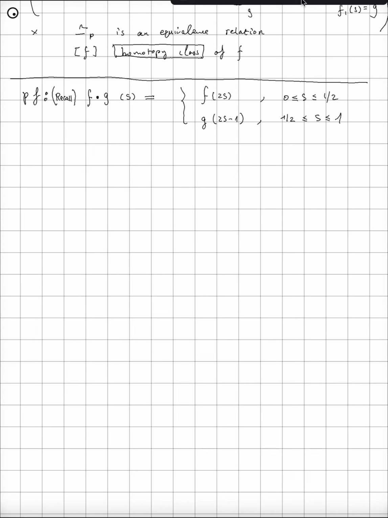So I define (f·g)(s), where s starts at 0. When s goes from 0 to 1/2, f goes through 0 to 1, so we just change the speed of f. This is continuous, and then f(1), which is when s equals 1/2, equals g(0), which is again when s equals 1/2, and they coincide.